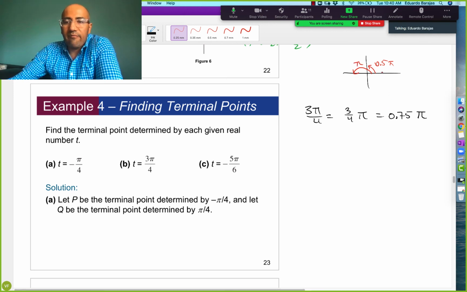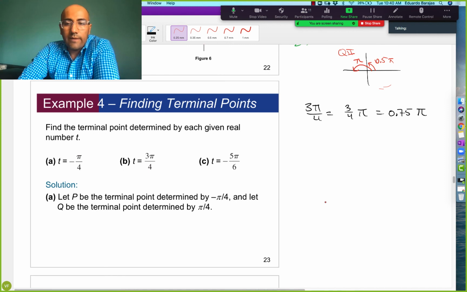So 0.75 pi is going to be somewhere in the middle, somewhere in quadrant 2. If this was 1.1 pi, then I'd know it's a little bit bigger than pi, so it would be over in quadrant 3. And if it was bigger than 1.5 pi, it would be over here in quadrant 4. If it was bigger than 2 pi, then it would do one complete lap, and then I would subtract a multiple of 2 pi. We're going to get into those values soon, but it's the same as before. Okay.